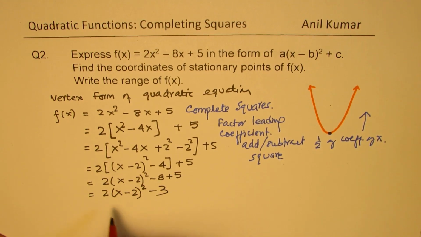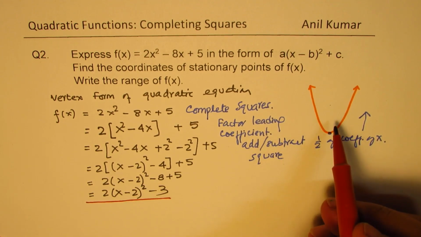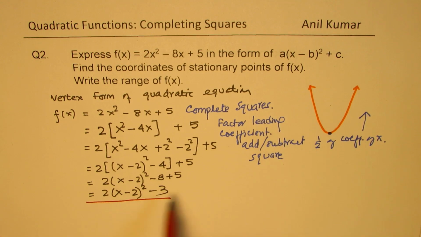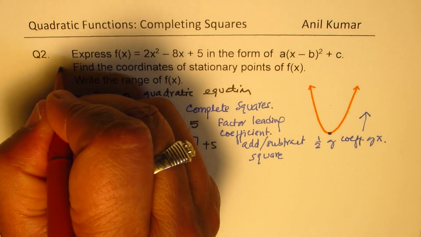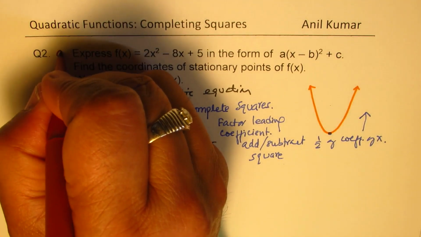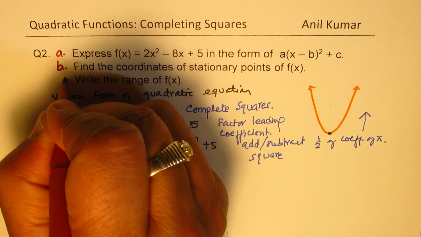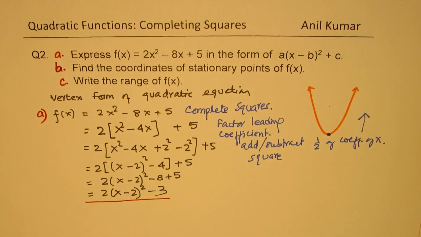So we get the vertex form of the parabola. Correct? So this quadratic equation represents the parabola. Now from here, find the coordinates of the stationary point. Let's say this is part A, right? So part A should be expressed, and now this B and this C. So we did part A to write this in the vertex form.